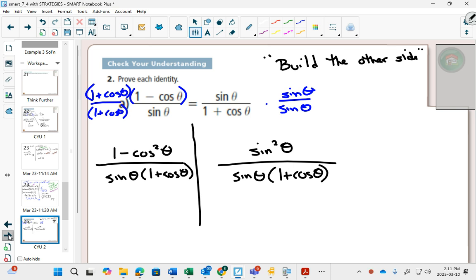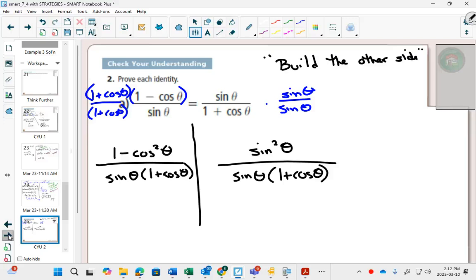So with the build the other side strategy, at least my denominators are the same. So now all I would have to do is get my numerators the same, and now I have things that are squared. So I'm allowed to use sine squared theta plus cos squared theta equals 1.